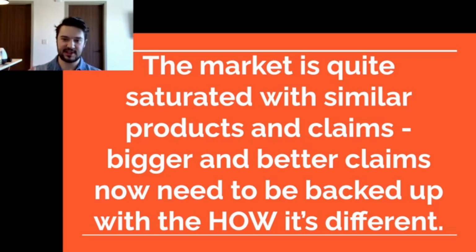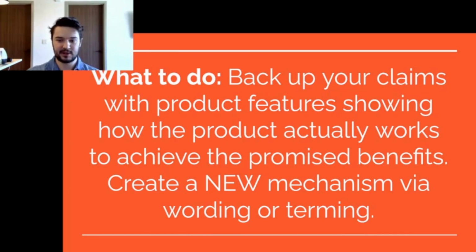That was sufficient in the second stage of market sophistication, but now in the third stage, you're actually going to need to provide some proof of how and why your product is so much better than the competition's. What to do is you're going to be backing up your claims, like I said, showing really the product features, how the product actually works to achieve the promised benefits, and you're creating a new mechanism, so a new term.